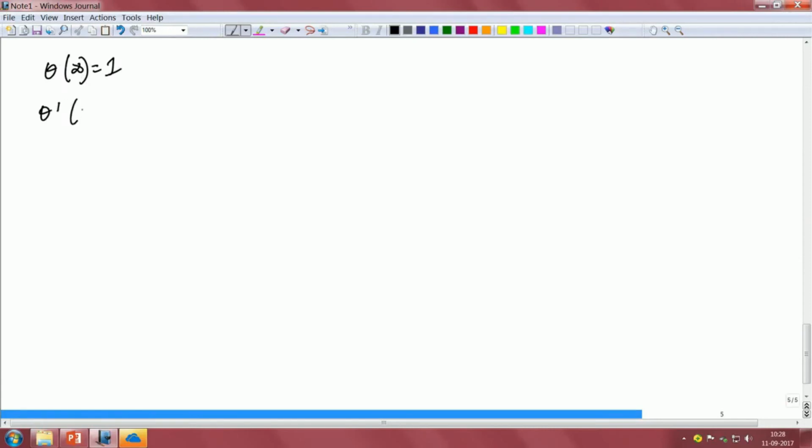I am not going through the steps once again. Theta 0, theta prime 0, from 0 to infinity.